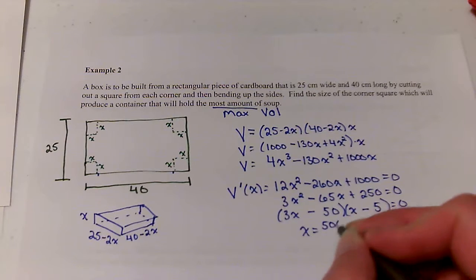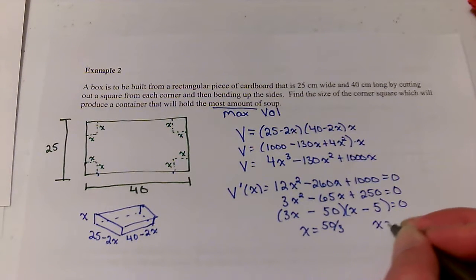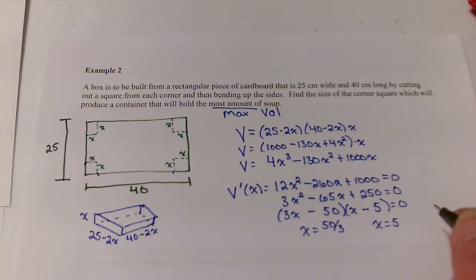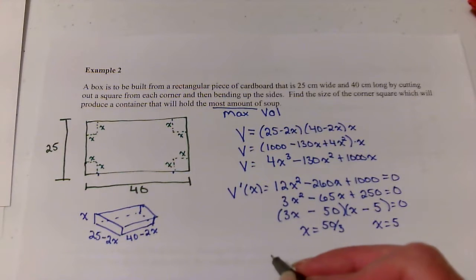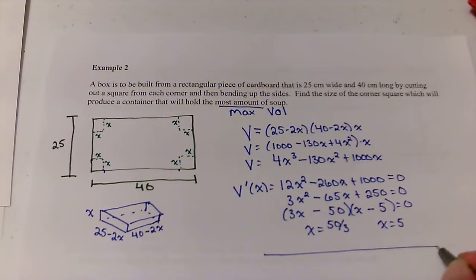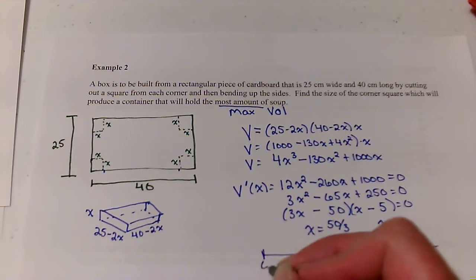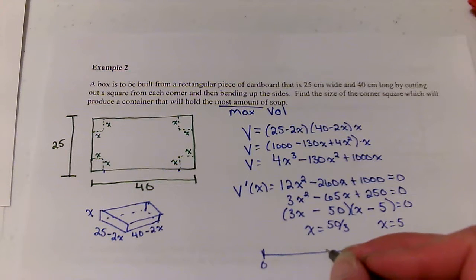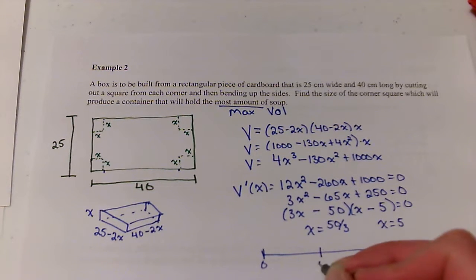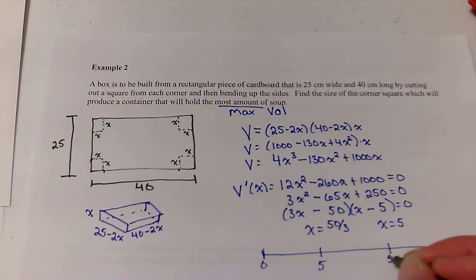So 50 thirds and 5 are my options. So I need to check the number line. 50 thirds is going to be bigger than 5, so 50 thirds goes here.